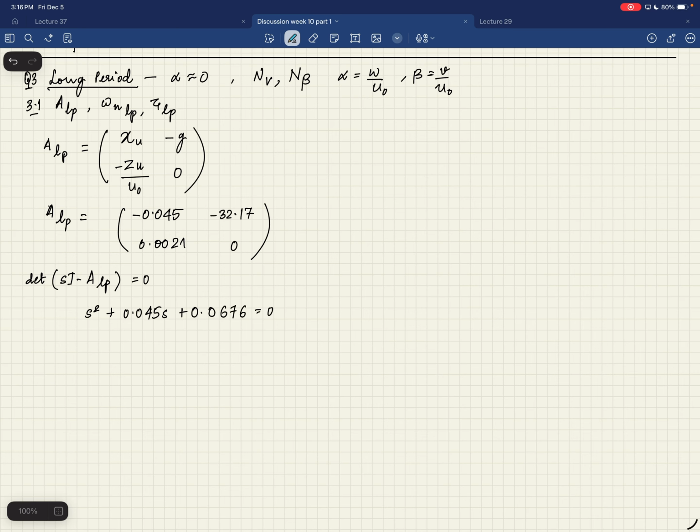Now, how will you find omega n long period and zeta long period? Compare it to the equation of any second order system. And from here, you know that omega n square long period is 0.0676.